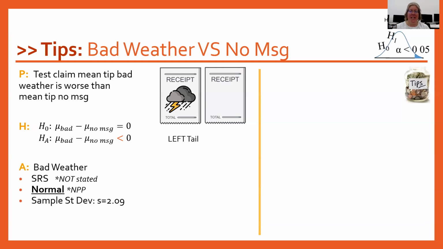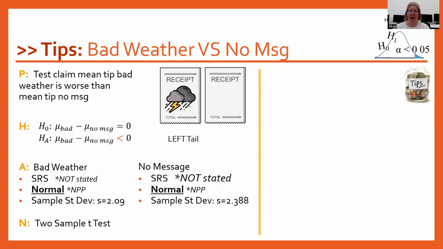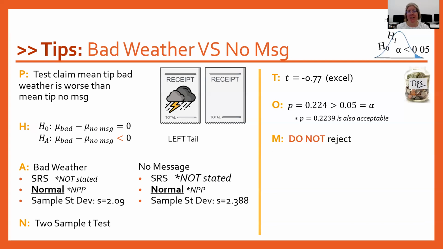Our assumptions and conditions, again, we're checking these for each group. We've already done that for both the bad weather and the no message, so I just went ahead and copied those onto the slide. Our two distinct groups give us a two-sample t-test. I have a test statistic of negative 0.77. And then my p-values here are actually very, very similar.